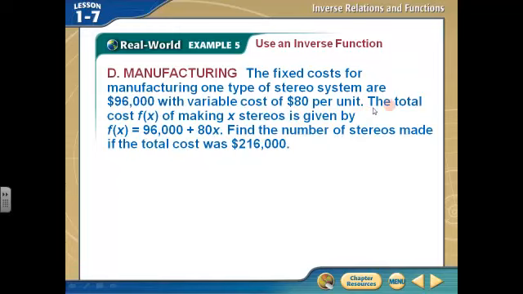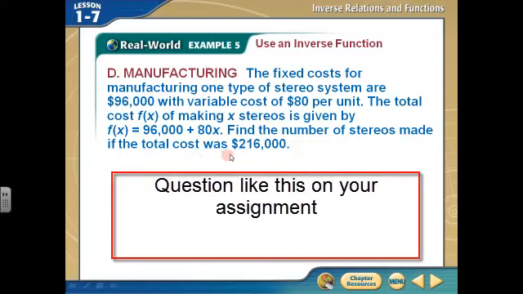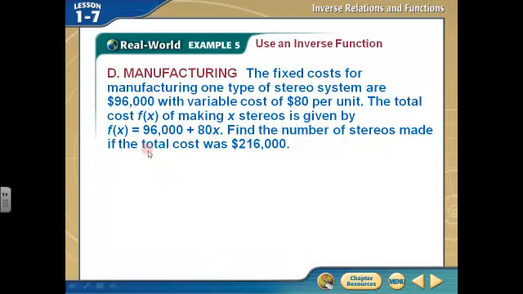Okay, so now once we have that, find the number of stereos made if the total cost was 216,000. So if the total cost is 216,000, then we're going to say 216,000 equals 96,000 plus 80x, and then we're going to solve this for x.